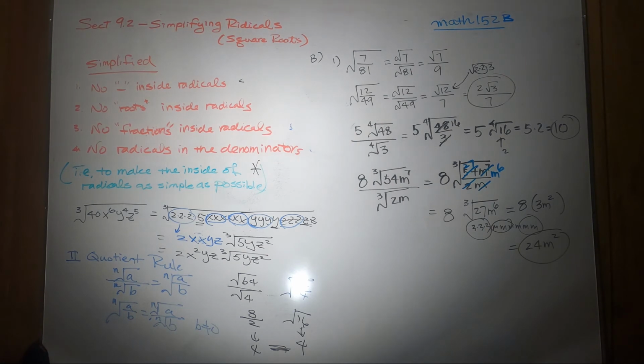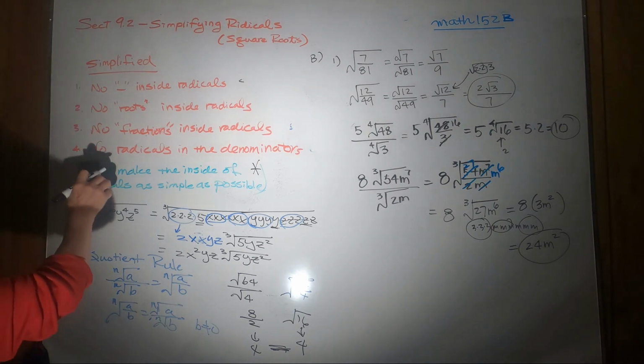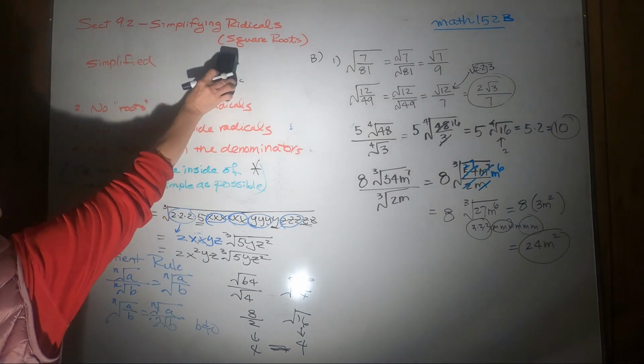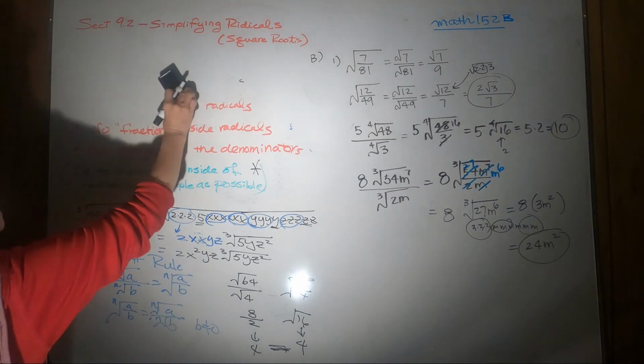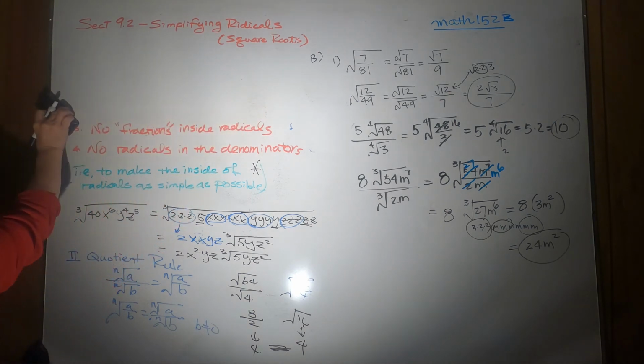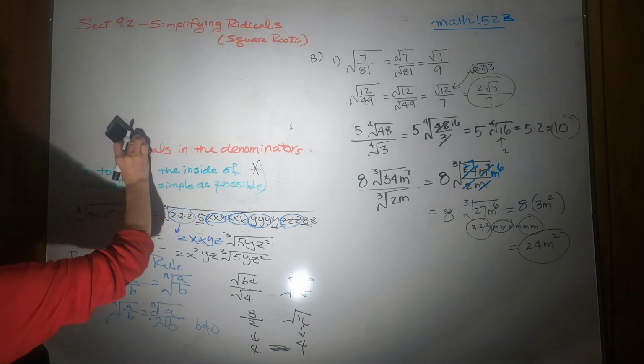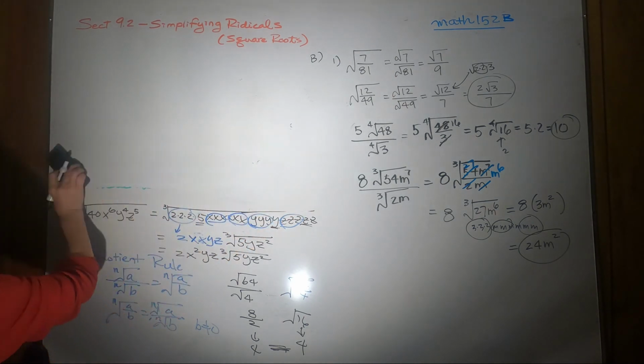All right. So remember this. What kind of things are required to simplify your radicals, right? You don't want a negative inside the radicals, no roots inside the radicals, no fractions inside the radicals, no radicals in the denominator.